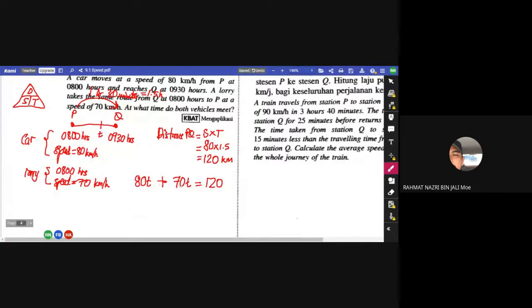So 80T plus 70T is 150T, which is equal to 120.